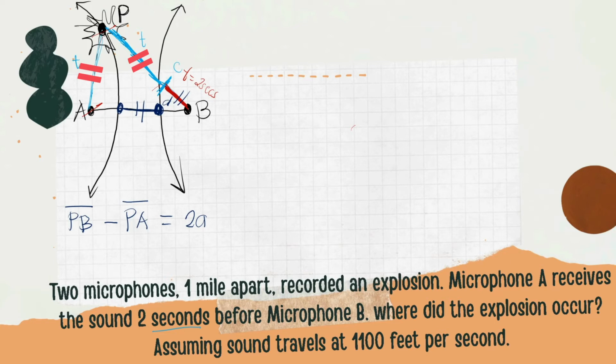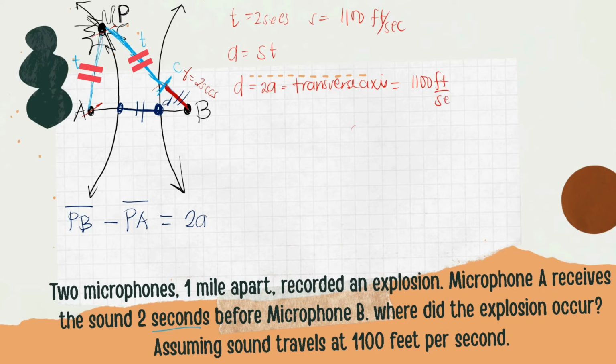Meron tayong given na 2 seconds. So, at time 2 seconds. And may speed naman tayo na given, which is 1,100 feet per second. So, yung distance formula, that is speed times time. So, yung D or yung 2A or yung transverse axis, that is equivalent to speed 1,100 feet per second times 2 seconds.